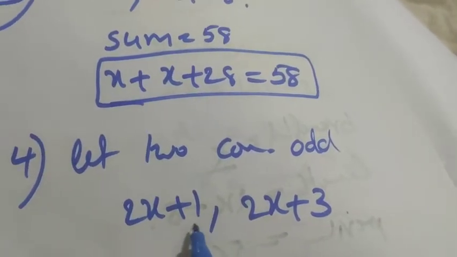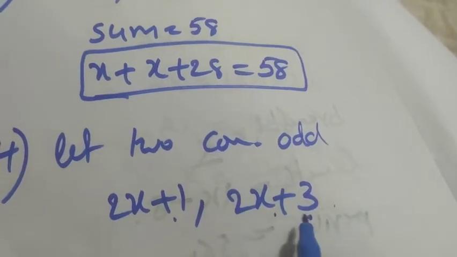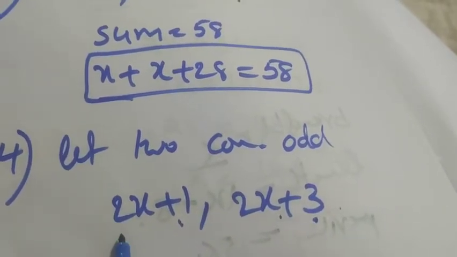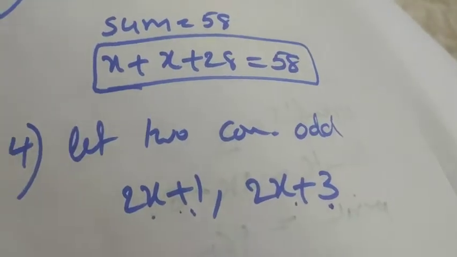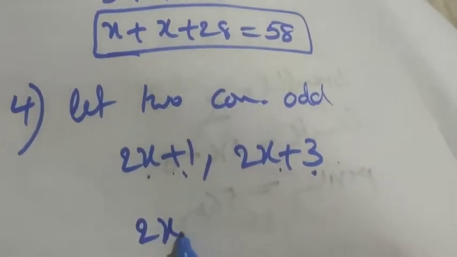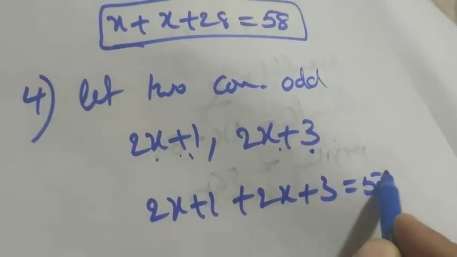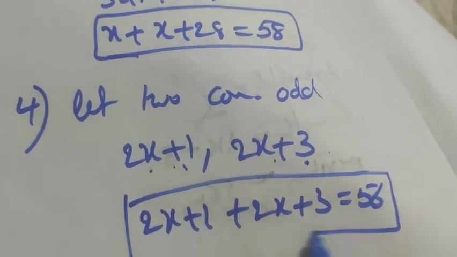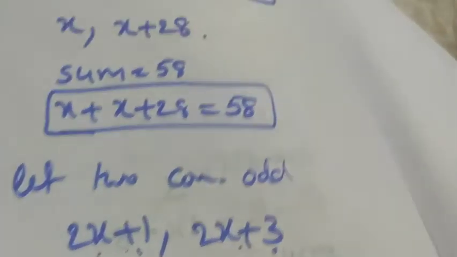So the second consecutive number means 2x plus 3. 1 and 3, odd numbers, see. Like that we will take 2x plus 1 and 2x plus 3. And then what is given? The sum of these two numbers is given as 56. That means 2x plus 1 plus 2x plus 3 is equal to 56. Now this is the required equation. Solve that one so you will get the answer.